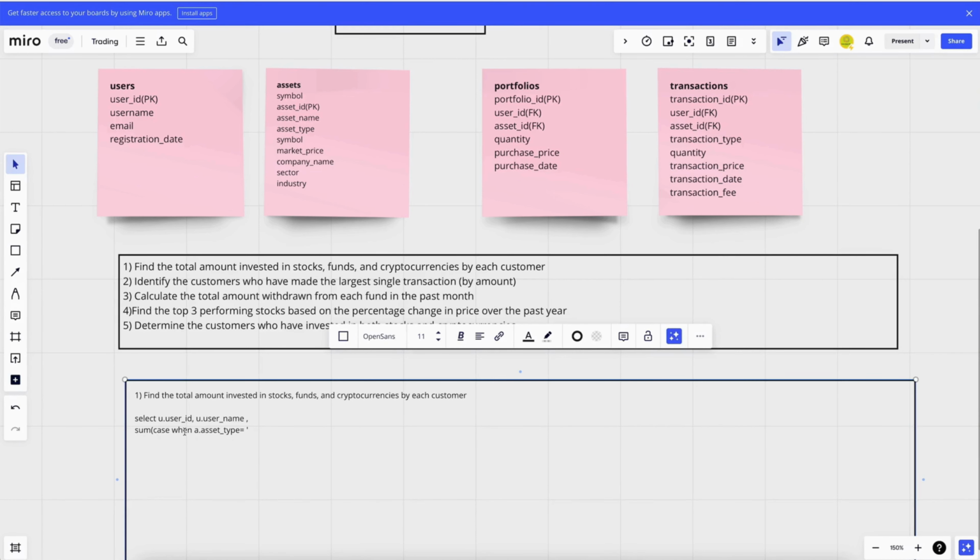So I'll use the asset type. If asset type is stock, then I'm just doing a sum of P dot quantity here.